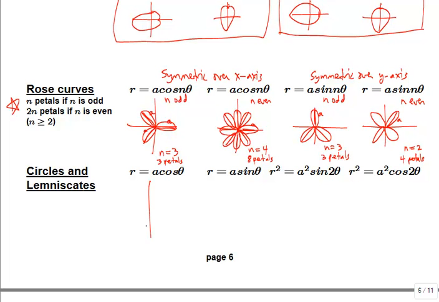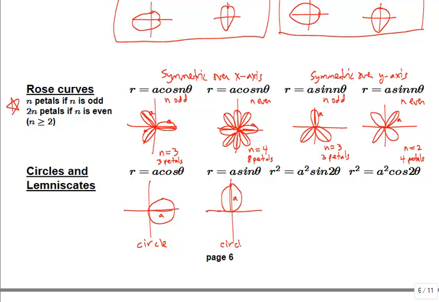So that makes it kind of easy to see what this would look like. If you want a cosine theta, it's like having a rose with only 1 leaf centered on that positive x-axis, so you get a circle that looks like this, where that diameter is a. So this is just a circle, and then for a sine theta, it's going to be a circle centered on the y-axis, where this diameter is a.